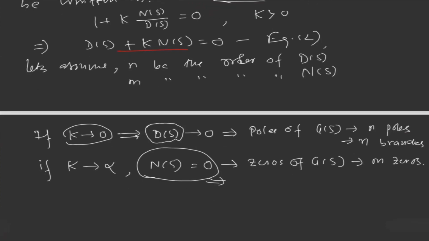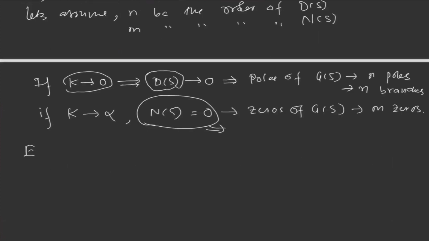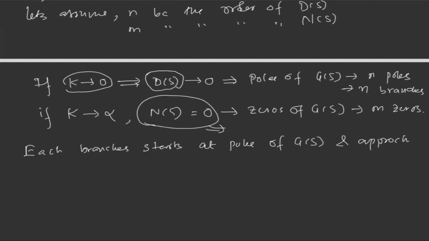So let me write, each branch starts at a pole of G(s) and approaches a zero of G(s) at k tends to infinity.